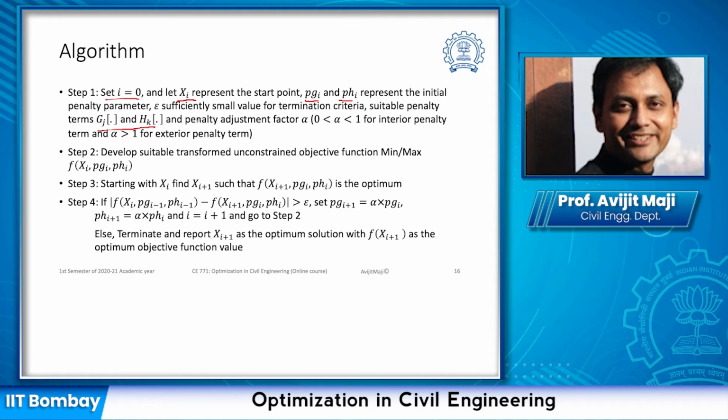At this point we also have to choose the penalty adjustment factor alpha, which is going to be between 0 and 1 for the penalty terms which are of interior penalty type, and this value alpha is going to be greater than 1 if the penalty type is exterior.